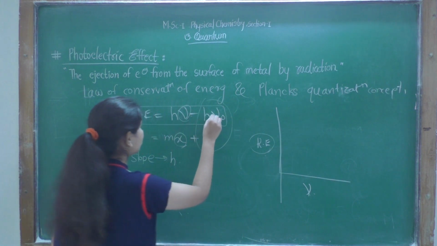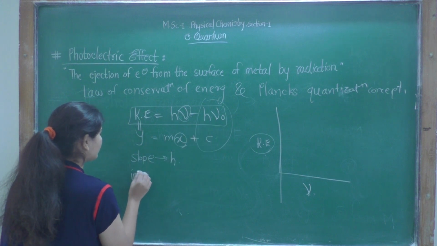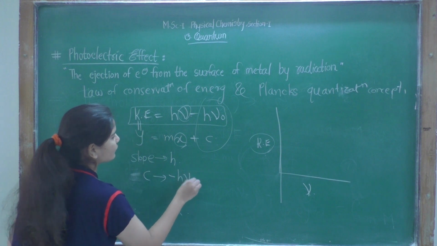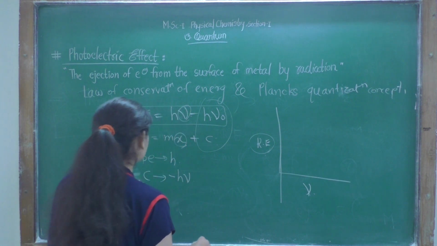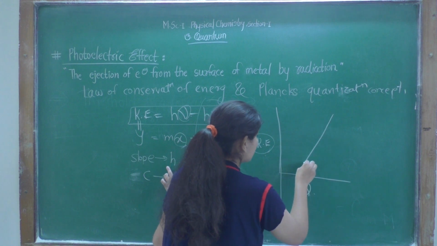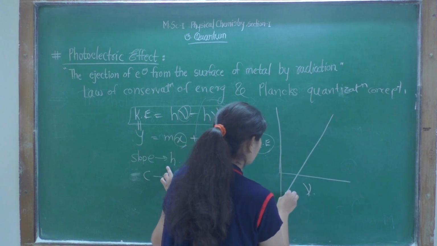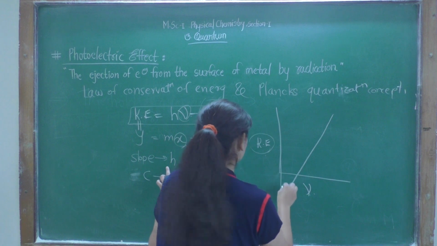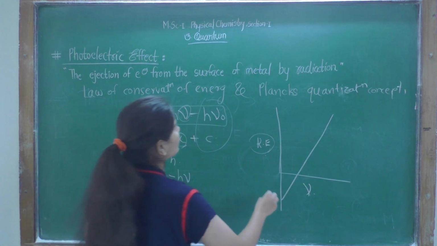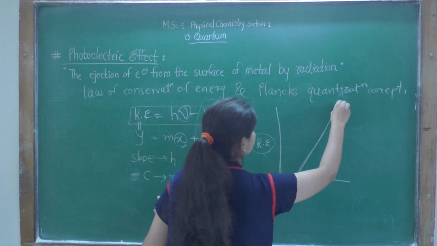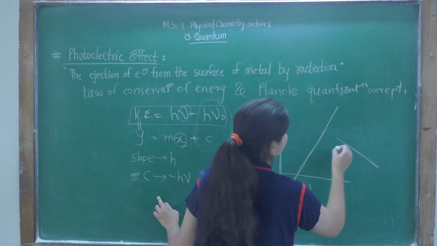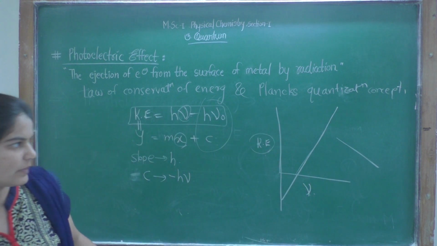Now we will get it negative, or we can write just simply c. c is equal to minus h nu naught. That means the line will have either negative slope or positive slope. When it is negative, it will look like this, then we can say the slope is negative.